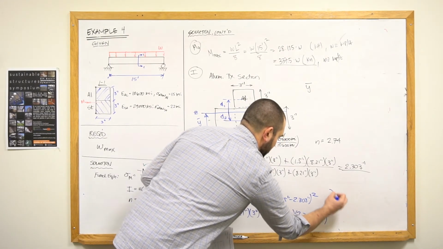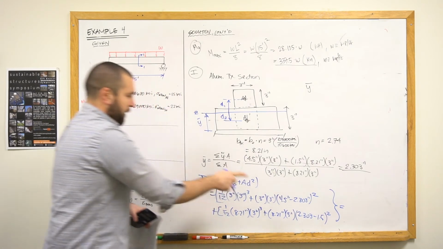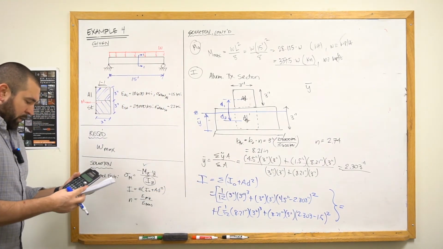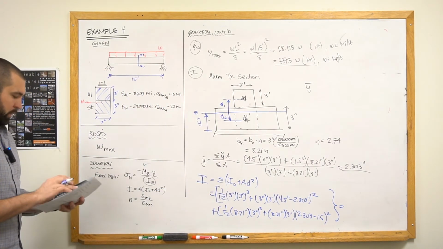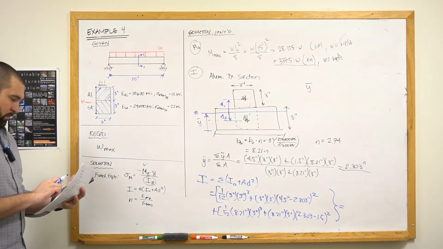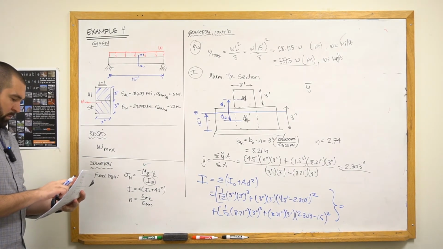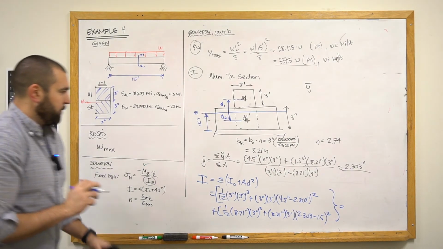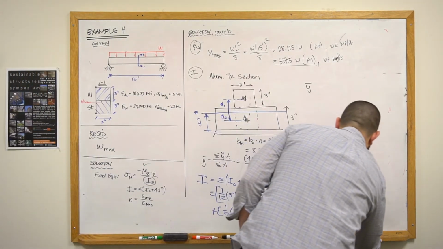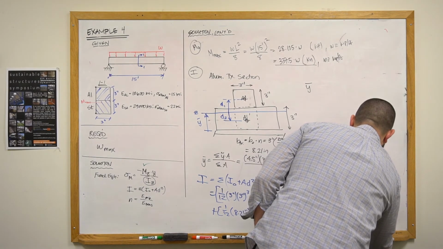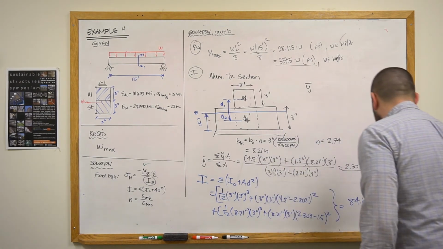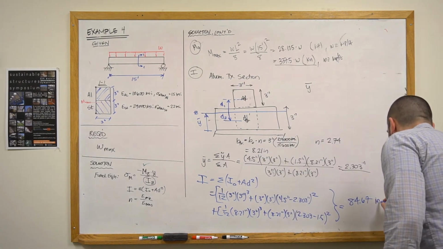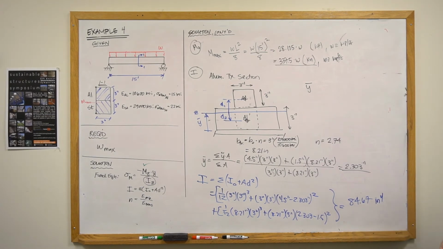And that'll also be squared. Add all 4 of these terms together, and we should get 84.67 inches to the 4th.